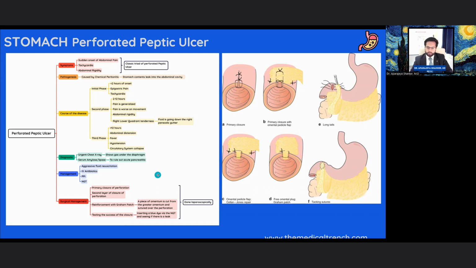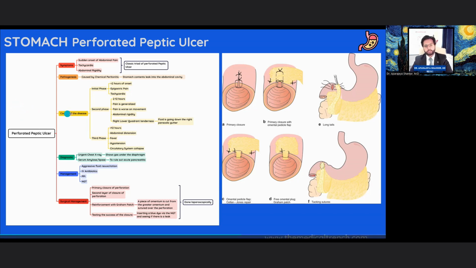You have to at least know the word Graham patch, in which you put a piece of the omentum over the perforation after you've done primary closure. So primary closure is very important. You see a hole, you stitch it shut, then you put the omental patch on it, also called a Graham's patch, seal it, test whether it is patent or not, whether it's been stuck properly, and then you can confirm that it is done, and then you close the stomach, right? So this is the idea of the perforated ulcer.